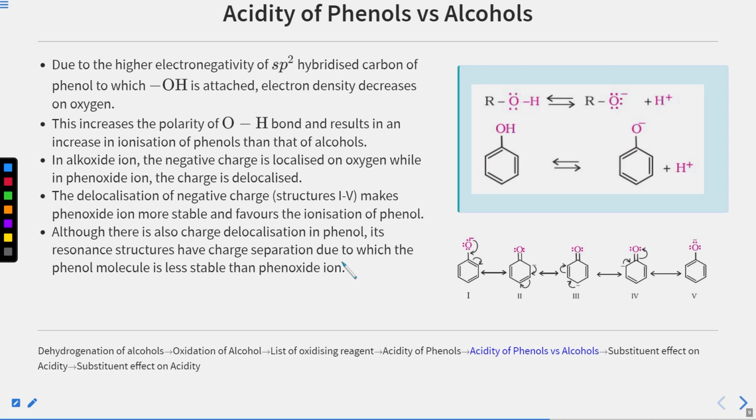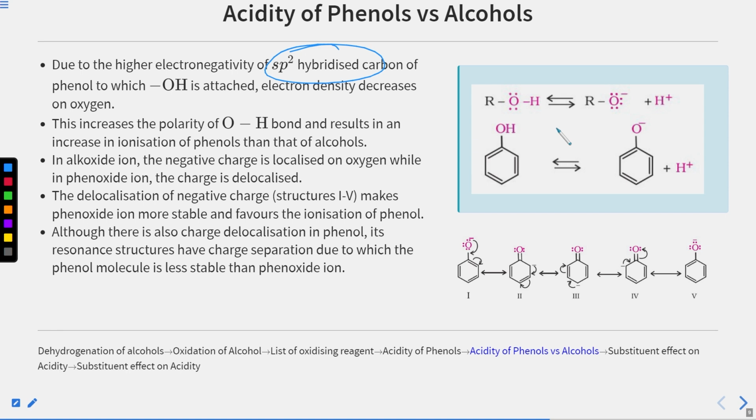Next, let us first compare the acidity of phenol and alcohol. The very obvious reason for the greater acidity of phenol is the sp2 hybridized carbon.